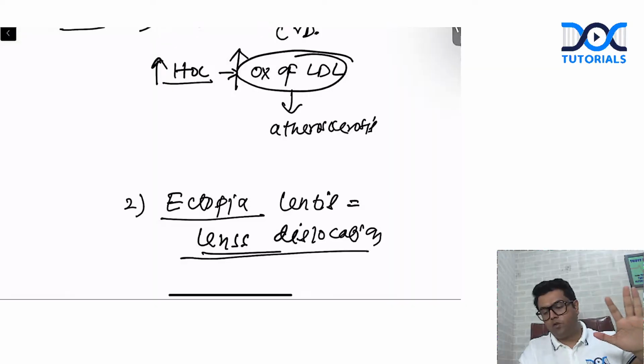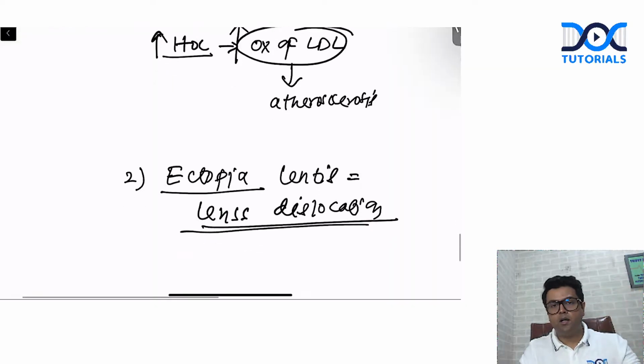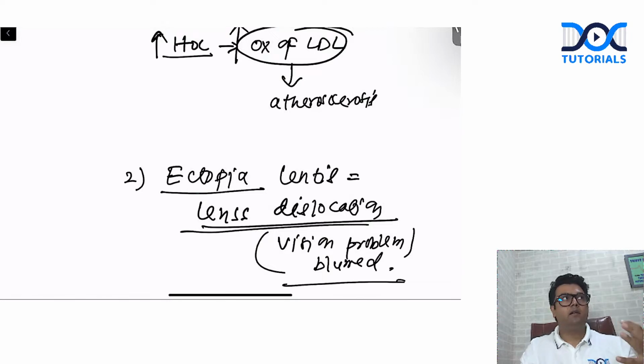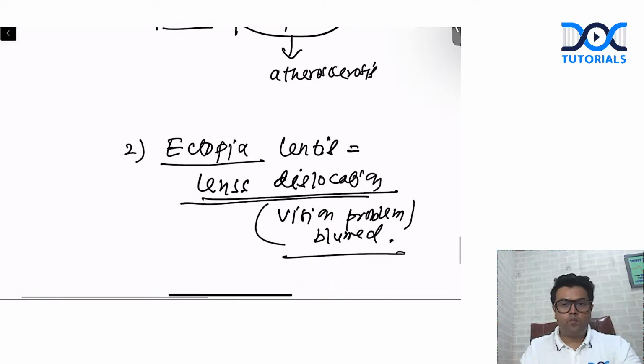Don't need to remember that. Just remember lens dislocation. So guys, most of the time young children present with vision problems or blurring of vision, like the child is suddenly unable to see the blackboard or the screen in the school. So that is ectopia lentis.